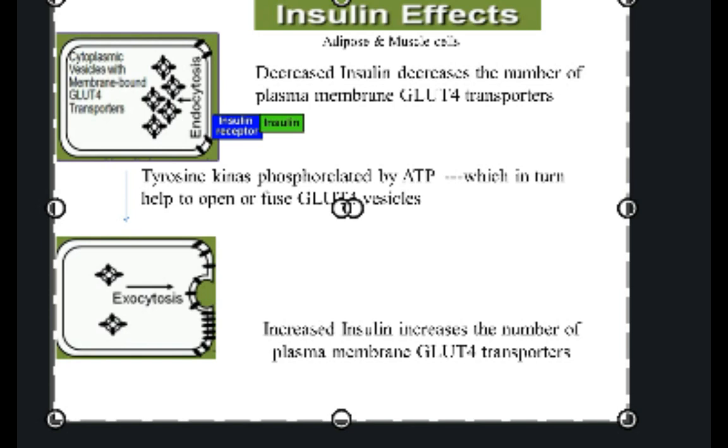When insulin is present in response to a high level of glucose, it causes these transporters to fuse with the membrane, and there will be more glucose transporters on the surface of the cell membrane, so it will increase the absorption of glucose. So the sudden drop in glucose level is because of this increase in the number of glucose transporter 4 on muscle cells and adipose tissues.